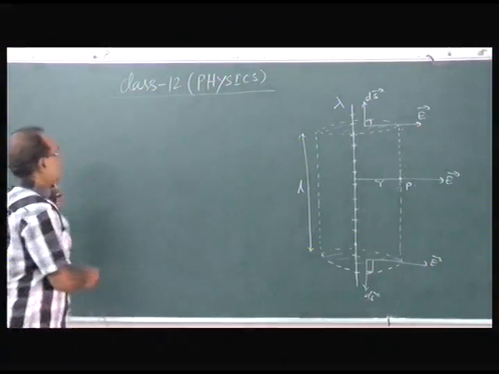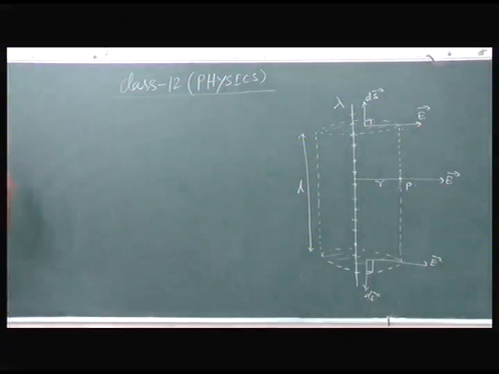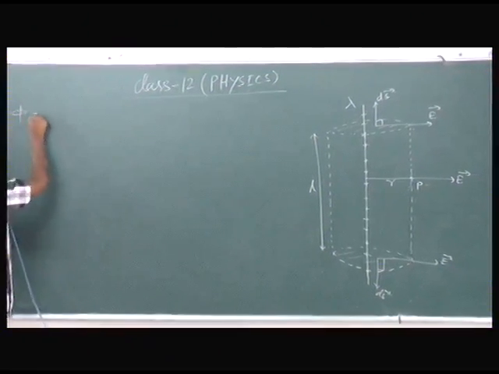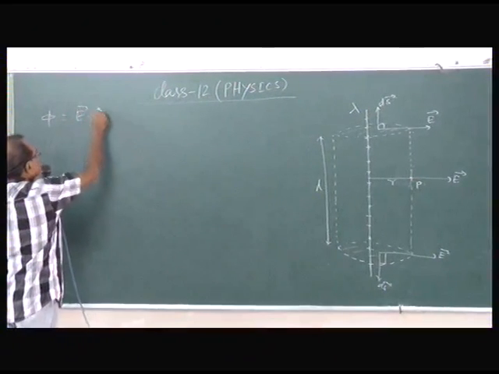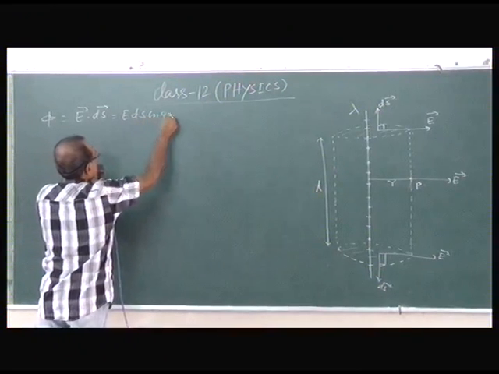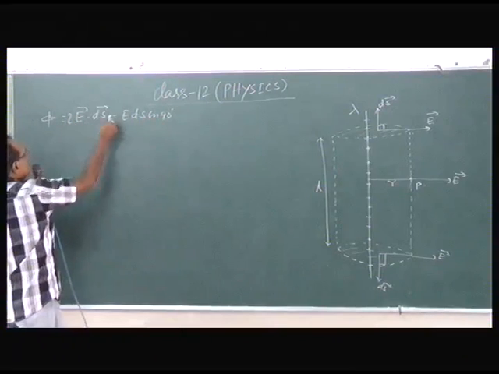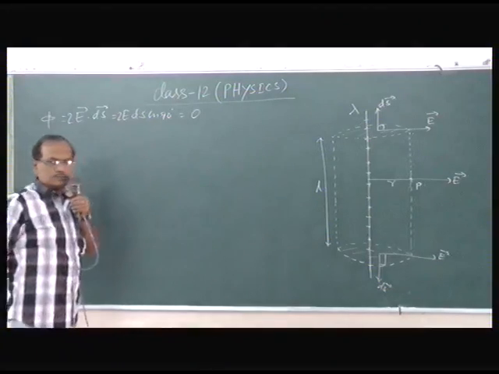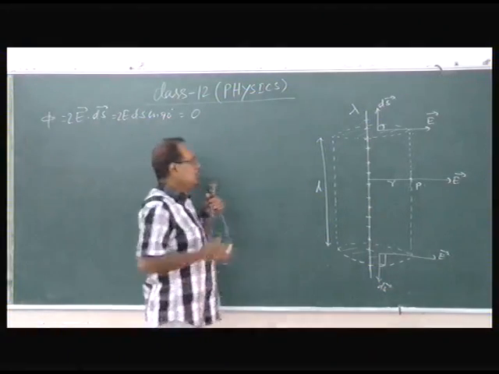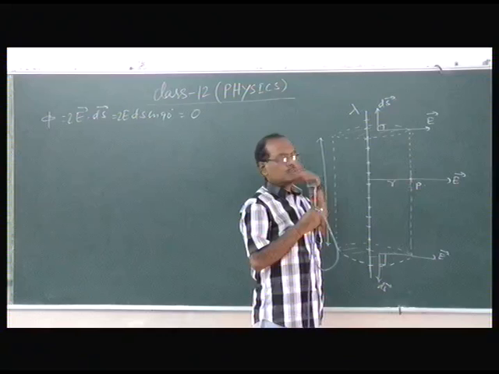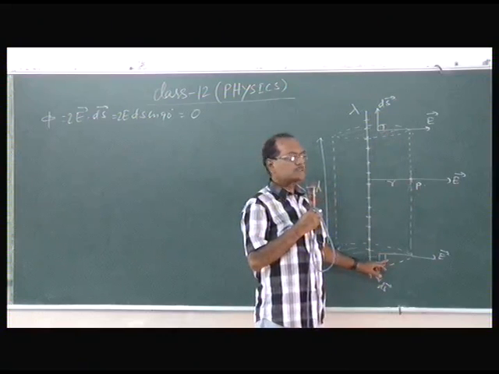So the electric flux on the flat surfaces is phi equal to E ds cos 90. Here 2 we will write because there are 2 flat surfaces, so that is equal to 0. Only the curved surface of the cylinder has electric flux through it. Here and here electric flux is 0.